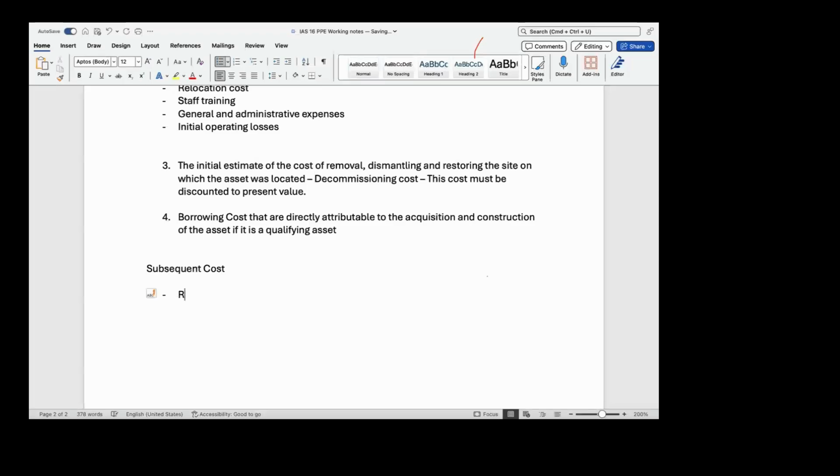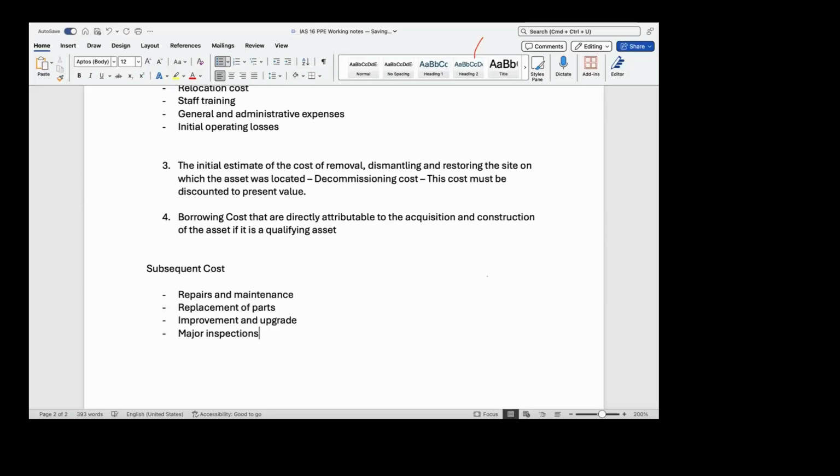The popular one you can follow through is repairs and maintenance, right? Or maybe you need to do some replacement of parts, or probably some improvement and upgrade, or some major inspections, and so on and so forth, depending on the type of asset you're talking about.